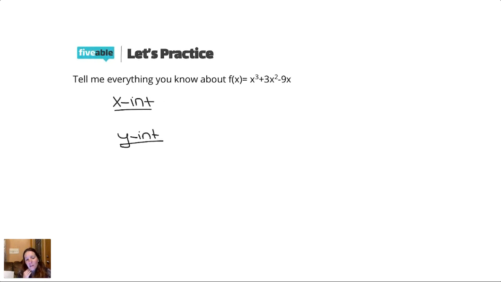For time's sake, I'm going to give those to you, because it's algebra, not calculus. So for the x-intercepts, it's a cubic function, and you would have had to factor out the x, right? And then you would have had to use the quadratic formula. It doesn't factor.